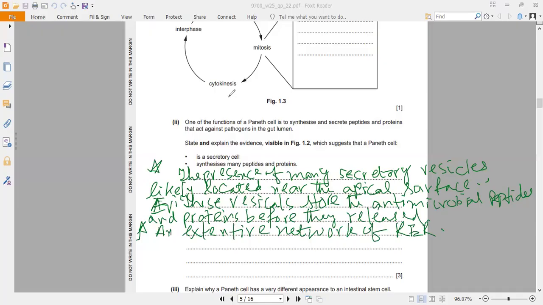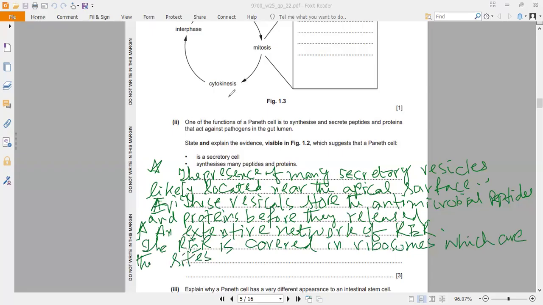The explanation for this evidence is the rough endoplasmic reticulum is covered in ribosomes, which are the sites of protein synthesis.